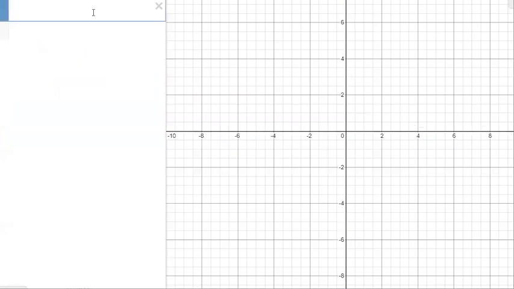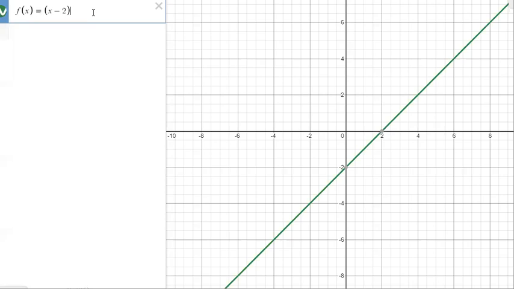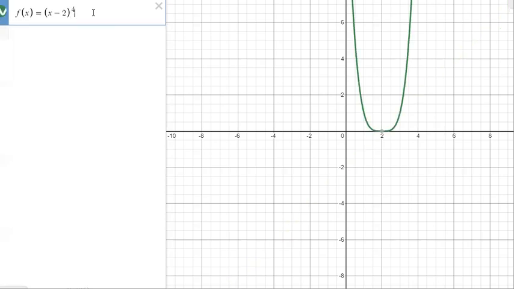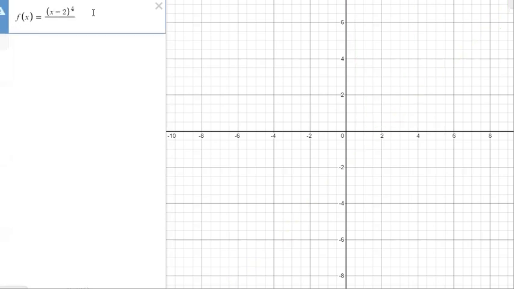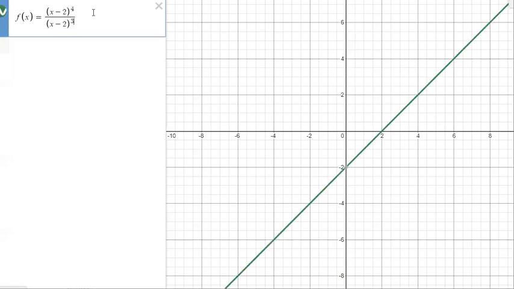Okay, f of x equals x minus 2 to the 4th power on top divided by x minus 2 cubed. There we go. And we get the line x minus 2, right?